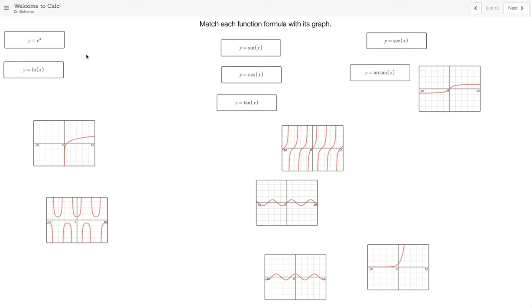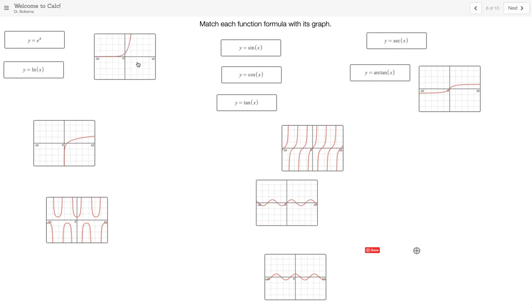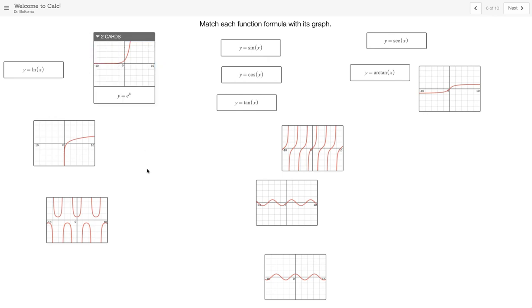E to the x represents exponential growth with that natural base, e. The natural log is an inverse to that function. So which of these looks like exponential growth? I think it's this one. That right there looks like exponential growth. Now, the natural log function is the inverse of that.